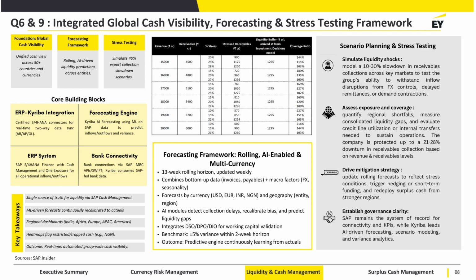Secondly, the development of a forecasting framework that is supported as well as integrated with AI and various other inputs from other systems. And next, we look to test the level to which our company can handle shocks in the receivables that it earns. Our core building blocks for this are as follows.